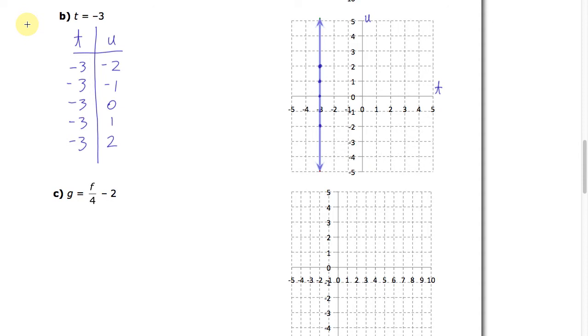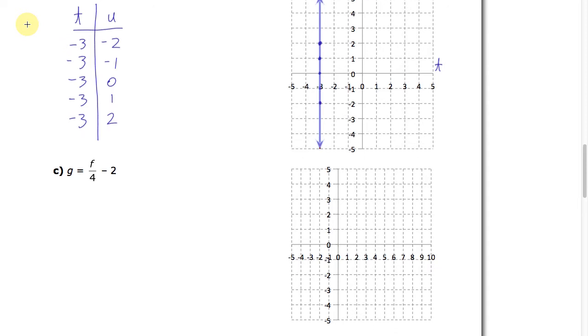All right, now the next one we have is g equals f over 4 minus 2. So f is the independent variable and g is the dependent variable.